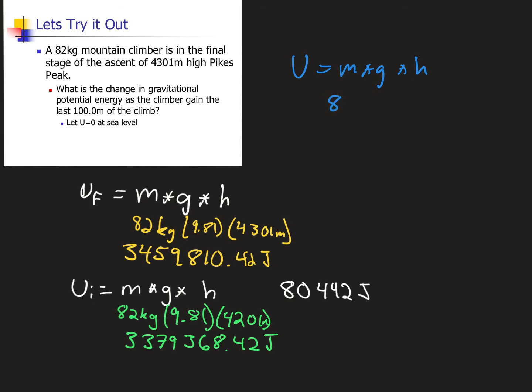We have 82 kilograms times 9.81 times 100 meters, and we get a value of 80,442 joules. And so we have that.